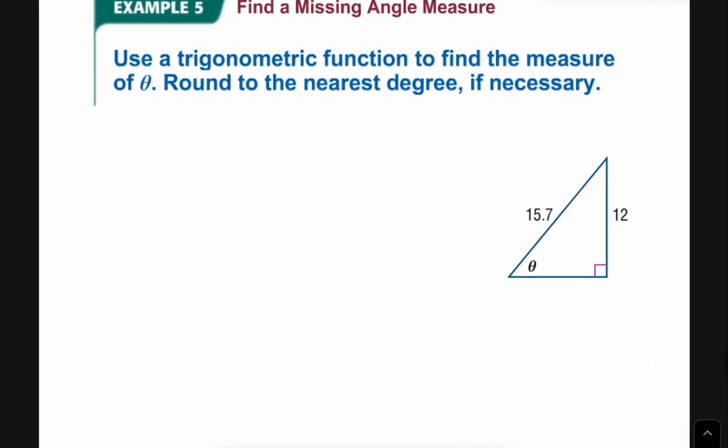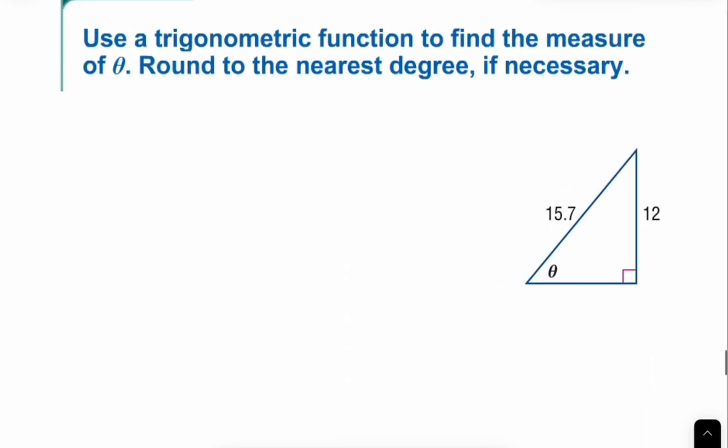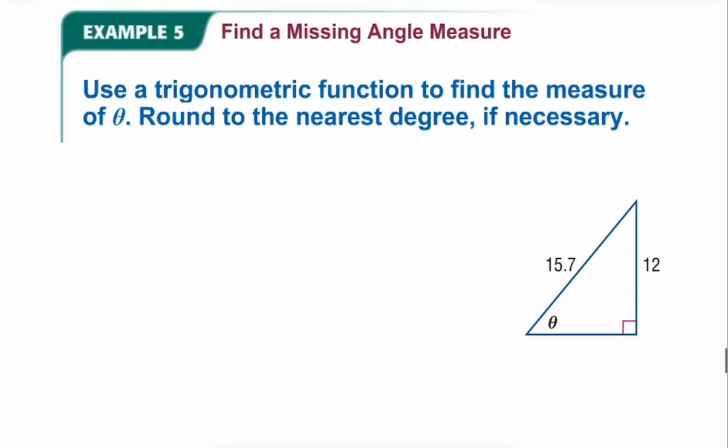Okay. So now let's look at a simple triangle setup. Example 5 says find a missing angle measure. See how it says round to the nearest degree? Use a trig function to find the measure. Now, what's interesting is we start almost exactly like if we're missing a side.